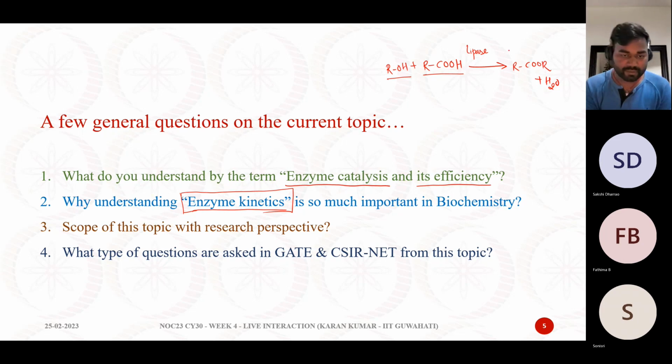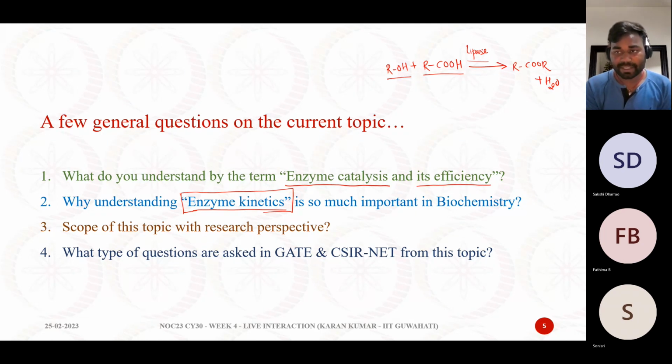So all the enzymes, whatever you will hear, whether it is pepsin, lipase, chymotrypsin, or any enzyme, whatever you think of, all enzymes are a member of one of these six classifications. So lipase is one of those members, and this enzyme catalyzes the esterification reaction. It also catalyzes the hydrolysis, which is the reverse of esterification, then transesterification, and many more reactions.